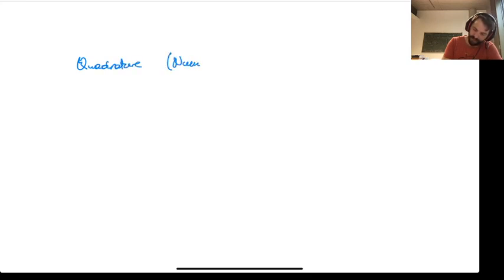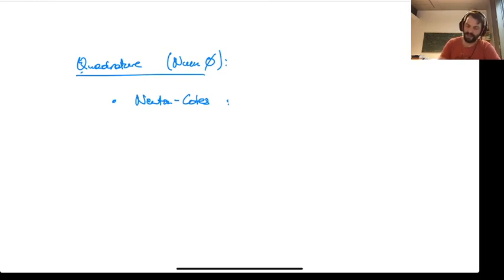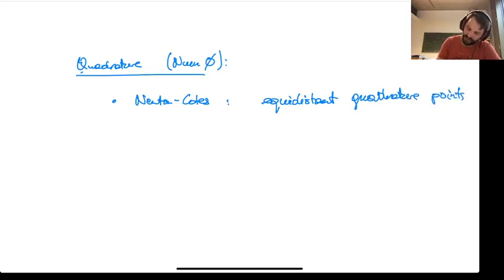Have a look back at Numerik 0. We started defining quadrature by looking at Newton-Cotes rules. For Newton-Cotes, we had equidistant quadrature points, which here would be the values c_i being equidistant.